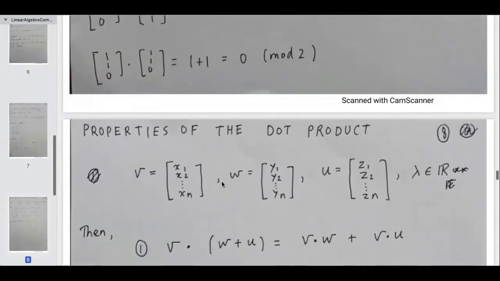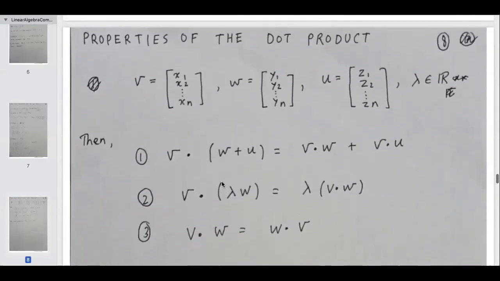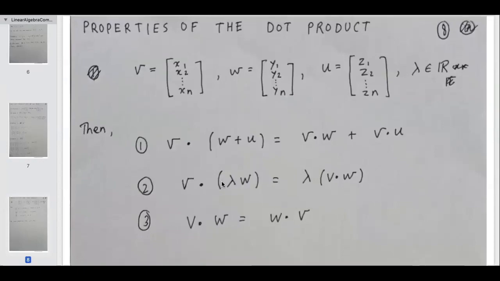So first, let us talk about some simple properties of dot products. If you have the vector v equal to x1, x2, xn, and w equal to y1, y2, yn, and u equal to z1, z2, zn, and say lambda belongs to R. So suppose these are vectors in Rn, the real vector space.